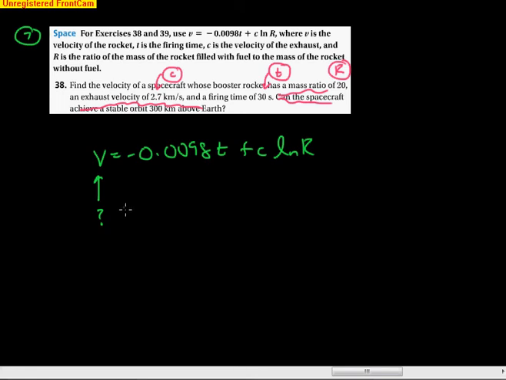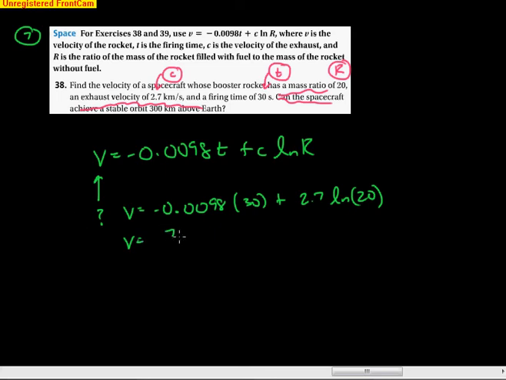So v equals negative 0.0098 times t, which is 30, plus c, which is 2.7, natural log of 20. You're just going to type that all in at once.